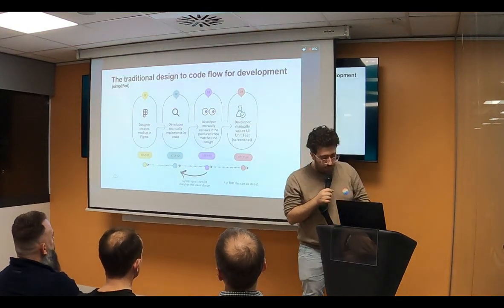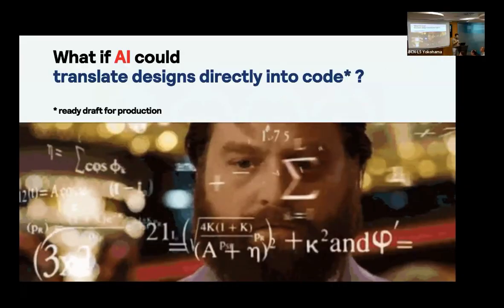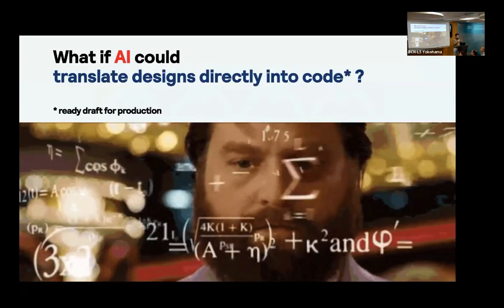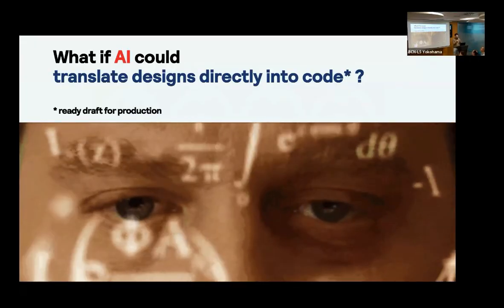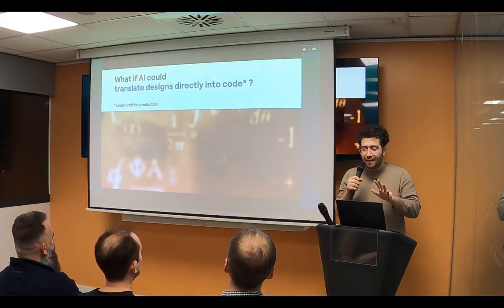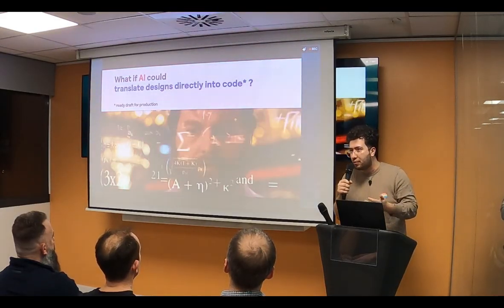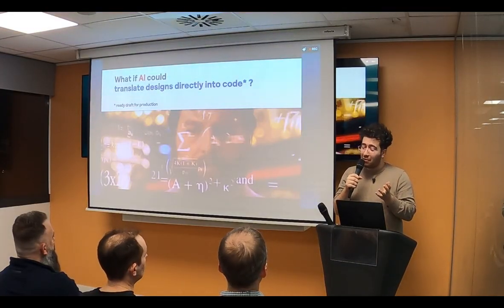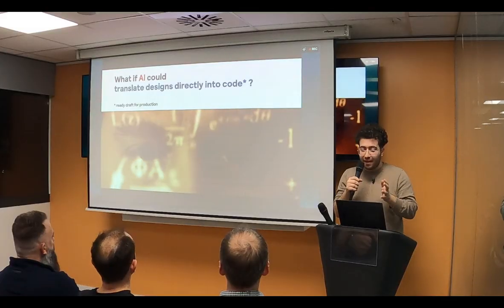Cool. But yeah, we had a crazy idea. We said, what if AI could completely translate our design directly into code? When I say code, I mean something that can be used as a draft for production. We don't want just code that looks right and we are happy with, like a toy.